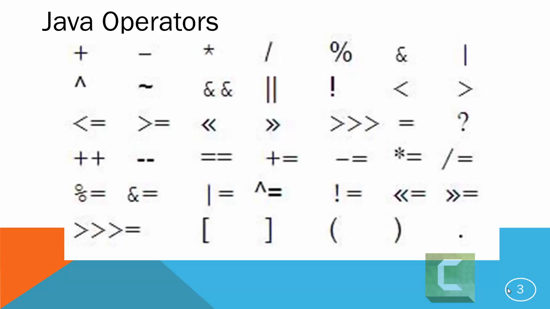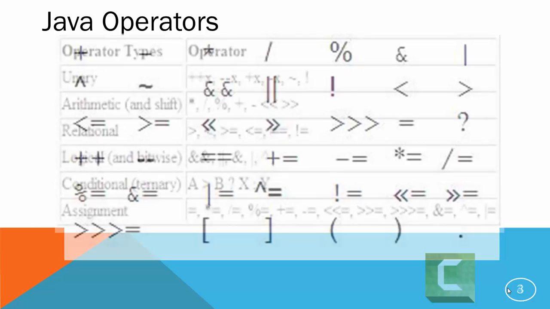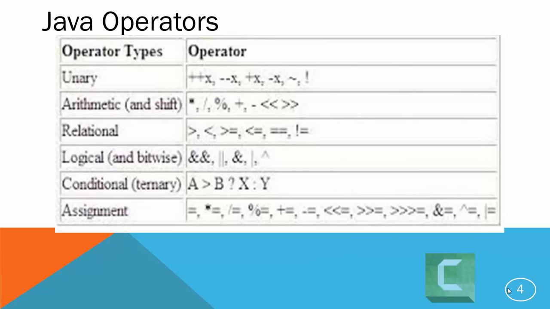So Java operators, you can see that there are a lot of operators. If I want to categorize them, there is the unary operator, which works on a single operand. Let me tell you an example. Suppose you want to add 3 plus 5.